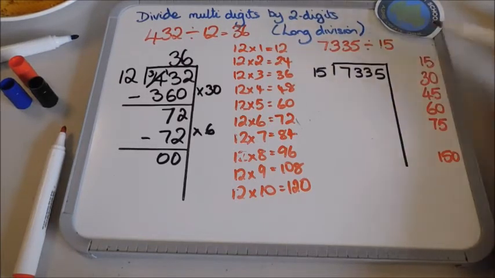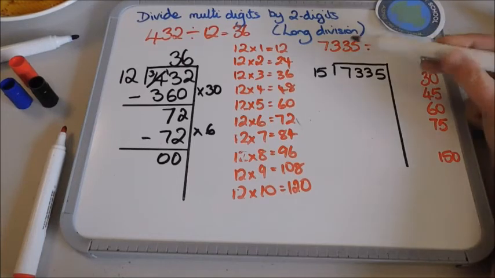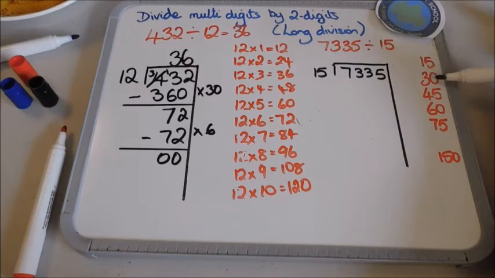Well, I can see that 2 lots of 15 is 30. So I could increase that number. 2 lots would be 30, 20 lots would be 300, 200 lots would be 3,000. So I could do that.